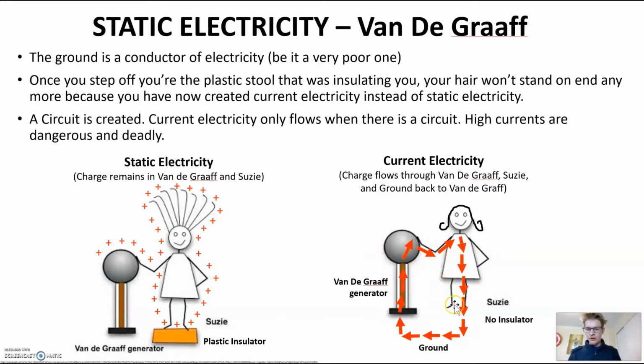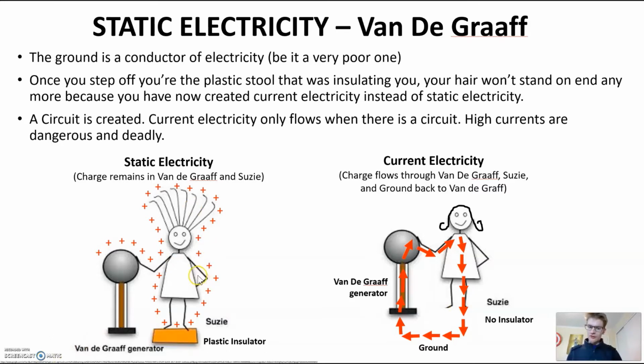So if we took that person off the stool and stood them on the ground, we would see electricity flowing through them, through the ground, and then back into the Van de Graaff machine, which means the charge is not staying in the same spot, and you wouldn't see a person's hair stand on end. This would be so good to demonstrate in person, but for now you're going to need to bear with me and stick with these diagrams.